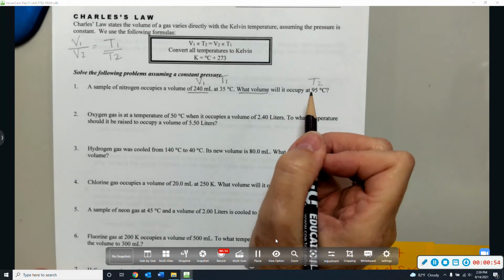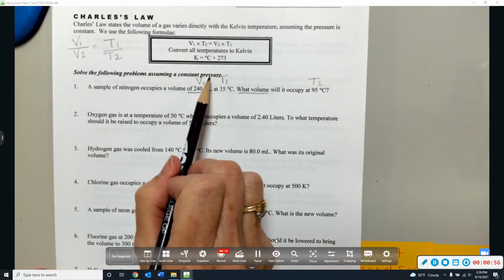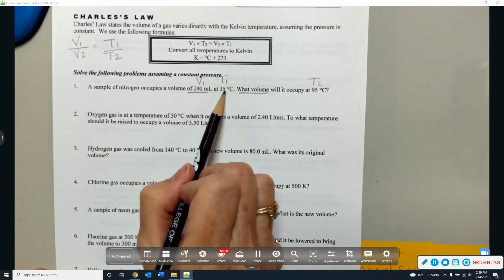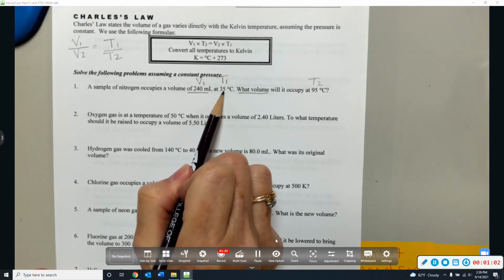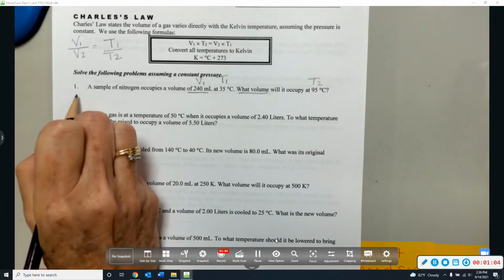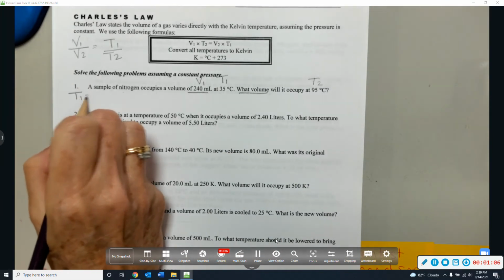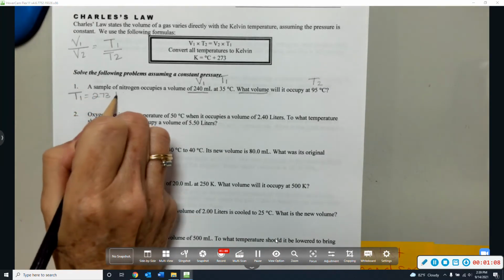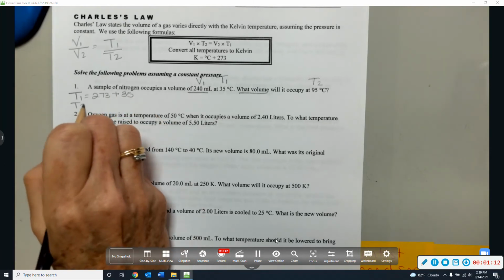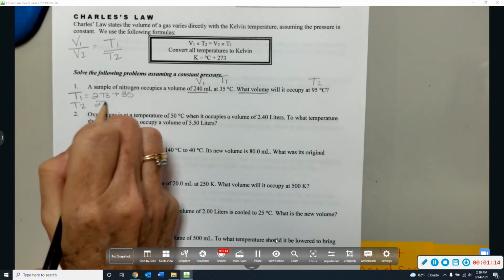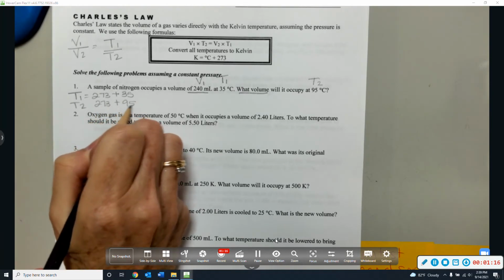All right, and again, anytime we're working with temperatures in our gas laws, we need to change them to Kelvin. So before you do anything else, we're going to change everything to Kelvin. So T1 is 273 plus 35, and T2 will be 273 plus 95.